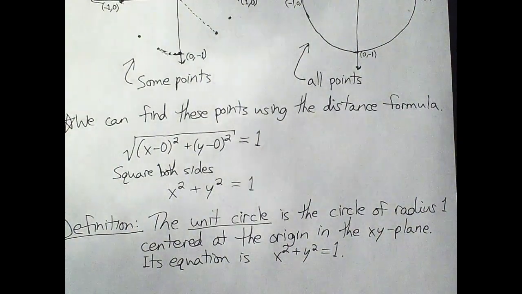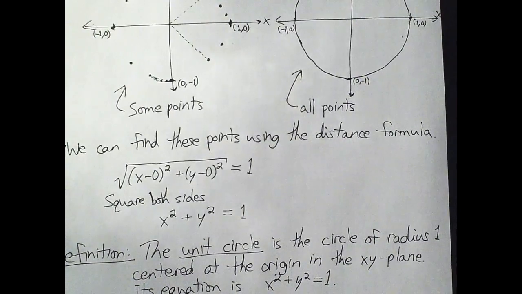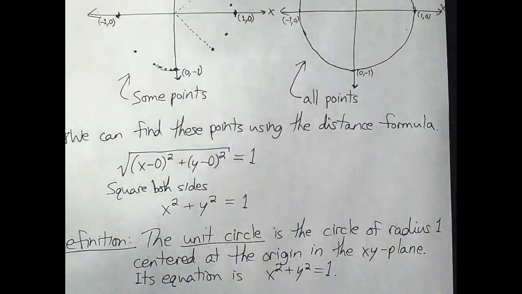By the way, we could point out here that a circle is not a function. Y is not a function of x, right? We cannot write this as f of x equals, or y equals some function of x, because this fails the vertical line test.